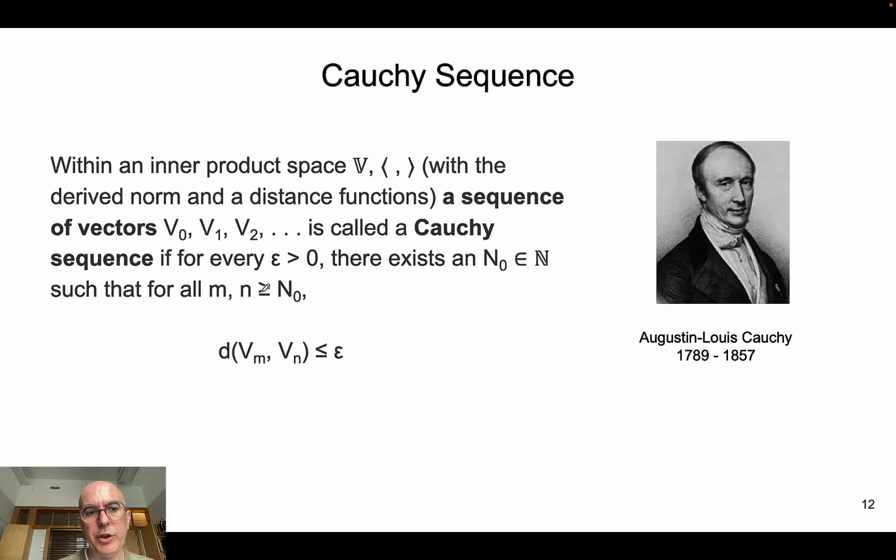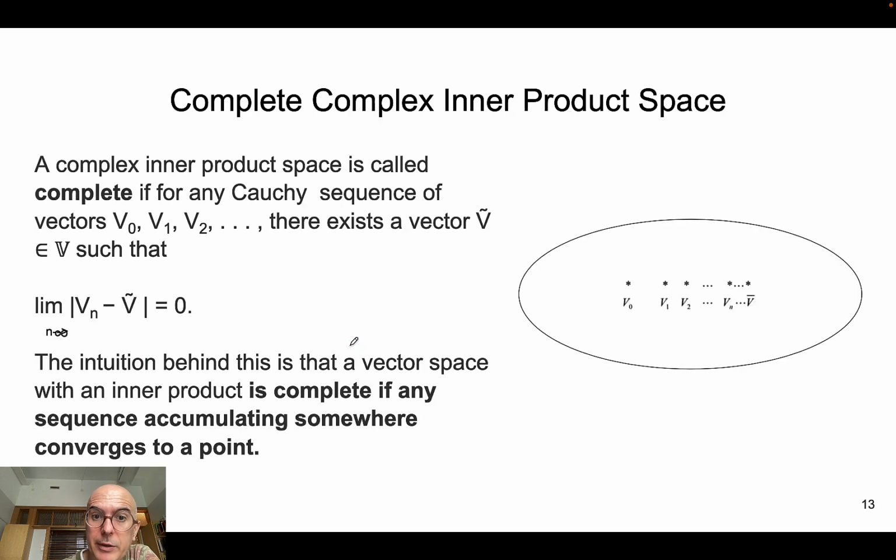We call a Cauchy sequence a sequence of vectors v0, v1, v2, and so on, such that for every epsilon greater than 0, there exists an n0 belonging to the integers, such that for all m and n greater than n0, the distance between the two vectors is less than or equal to epsilon. So we introduce these concepts of Cauchy sequences within inner product space.